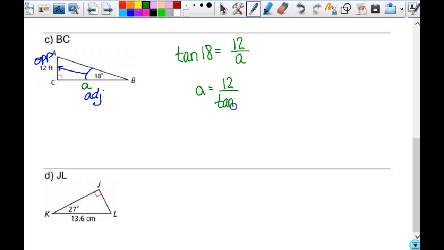And remember, yes, you're using the calculator for this, but you still have to have this stuff written down. Your process still has to be here. I don't need or want to see the decimal for the tangent of 18, but I got to see this. And then when you put that in, you get that A is equal to 36.932. And then there's feet on that, and that is the length of BC.